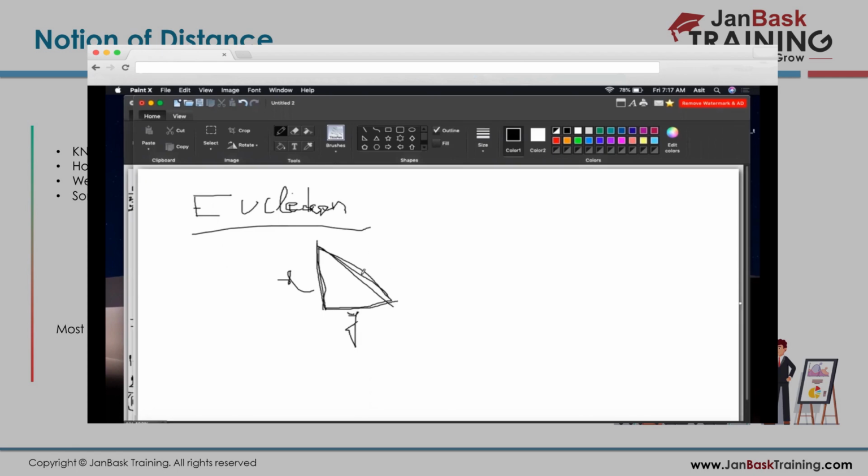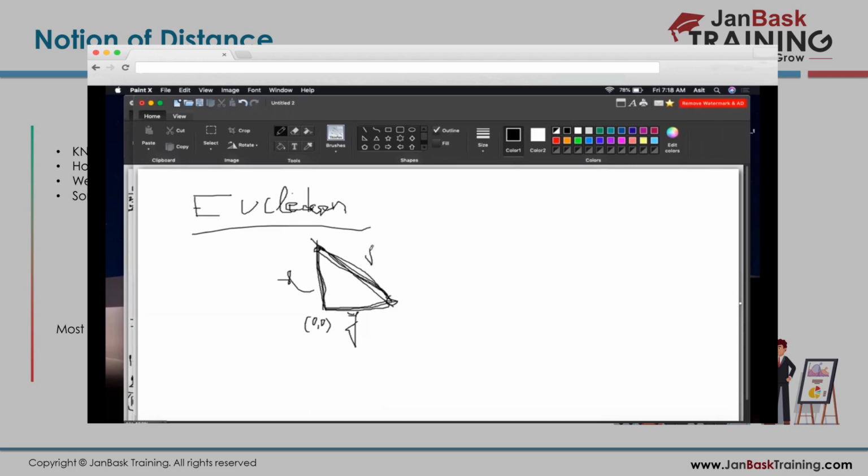Okay, so this is the point, and this is the point, and this is the origin, 0, 0. So this distance from 0 is x, and this distance is y, and you want to find the distance between these two points.